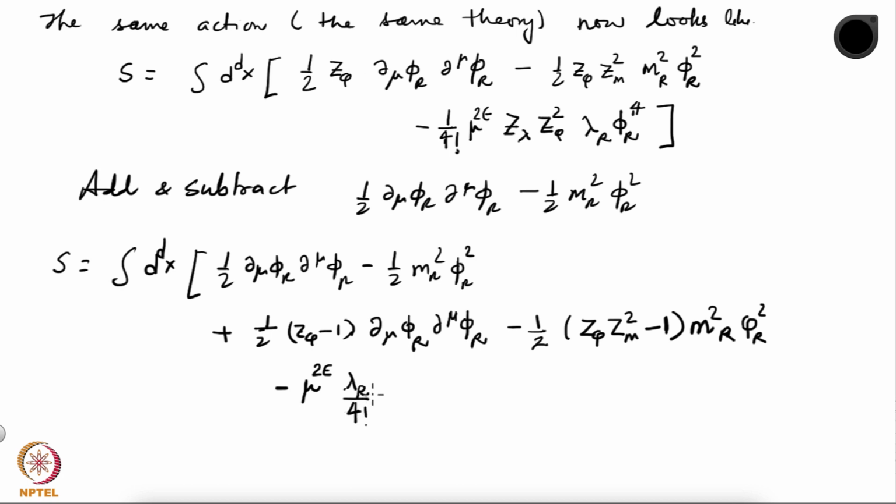Or 4 factorial, and then z of lambda, z of phi square minus 1. You can check that this is the right factor, and phi r to the 4.